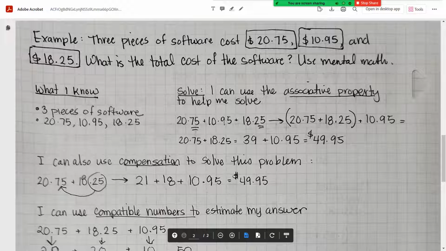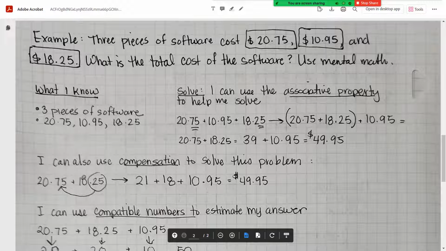So if I have 20.75, 10.95, and 18.25, I'm going to group my 20.75 and 18.25 because I know the 75 plus the 25 is going to give me a whole number answer when I put it together. So I group those, the 20.75 plus 18.25, and then afterwards I'll add the $10.95.